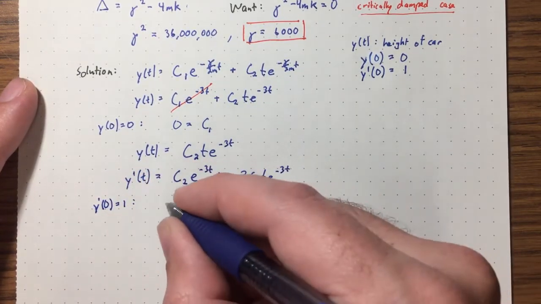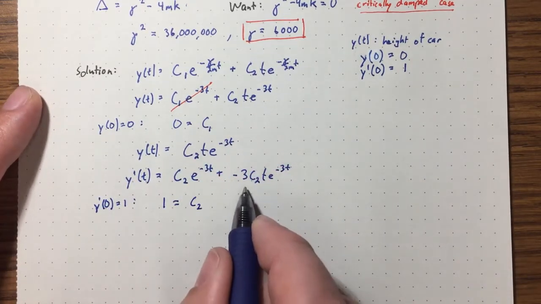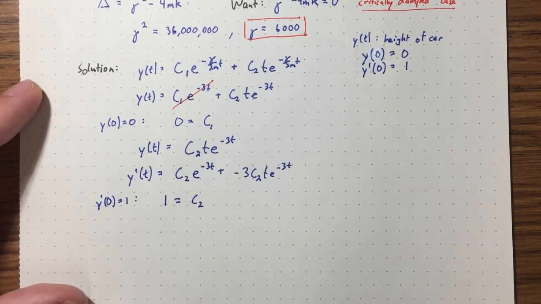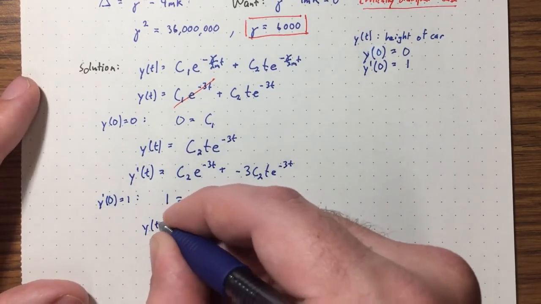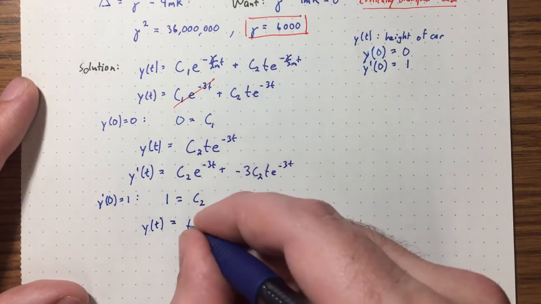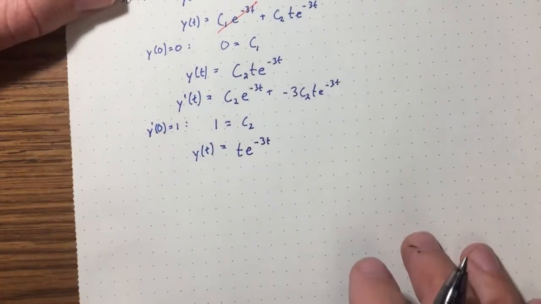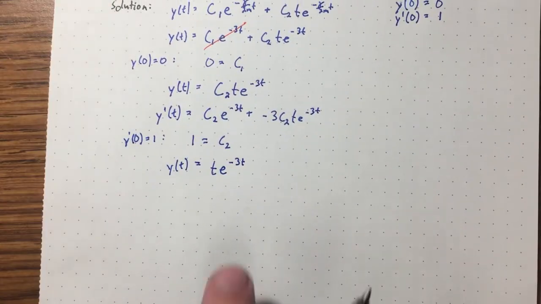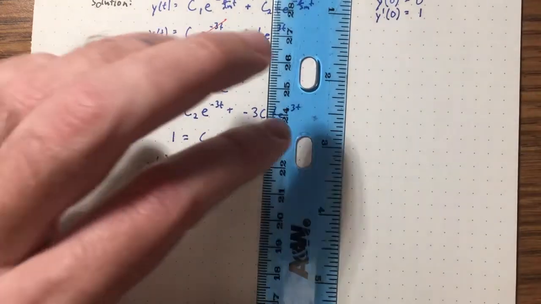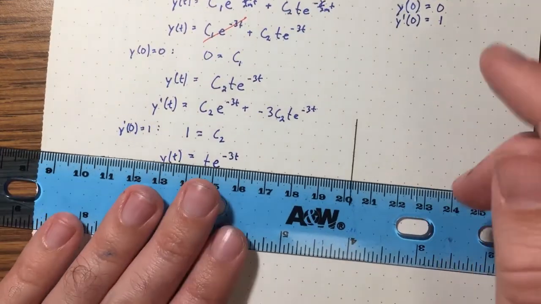What does that tell us? 1 is going to equal c2 plus, again, something that's 0. So c2 is just going to equal 1. So y of t is 1 t e to the negative 3t. That's a very nice looking function there. So this is describing the height of the car. And if you graph this function, it might look a little something like this.